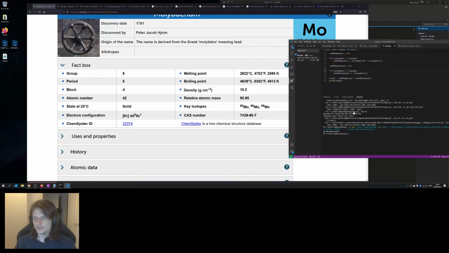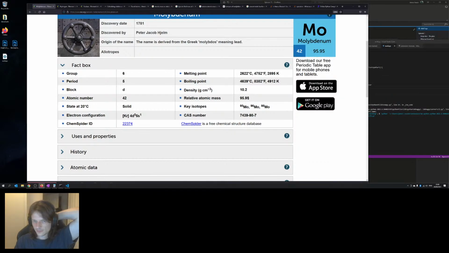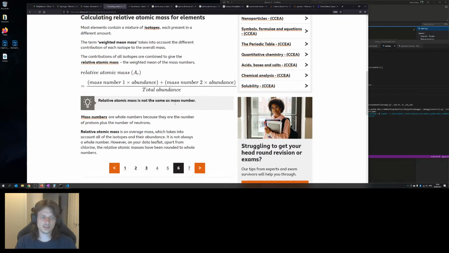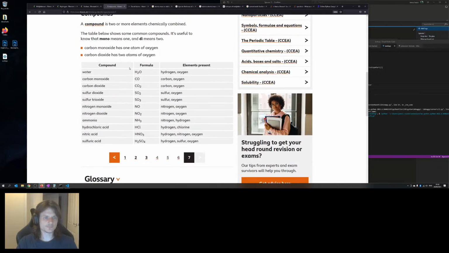I'm so sorry. But yeah, I'm a bit confused, to be honest, because the calculation is for the relative atomic mass. I'm plugging the mass numbers in, and I'm multiplying by the abundance I've been given, and I've got the total abundance. Not sure what's wrong there.